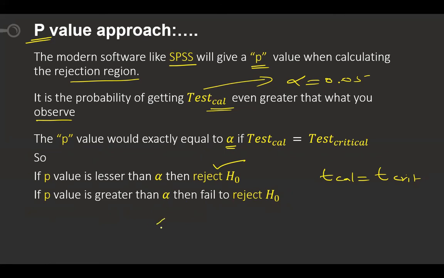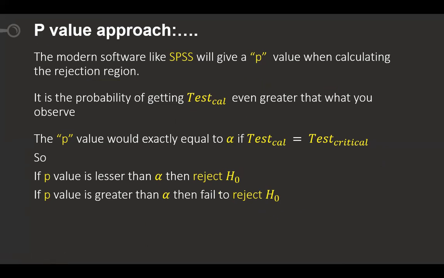Suppose alpha is equal to 0.05 and p value is less than 0.05, we are going to reject it. If it is greater than 0.05, we are going to accept it. Sometimes alpha will be 0.01 also. Then I have to consider p less than 0.01. These are all the conditions you have to remember. So this is how we use the p-value approach to accept and reject H naught.